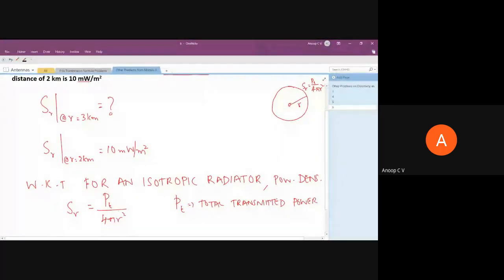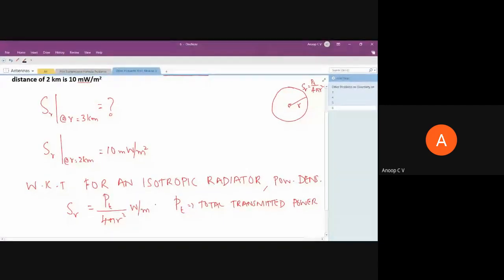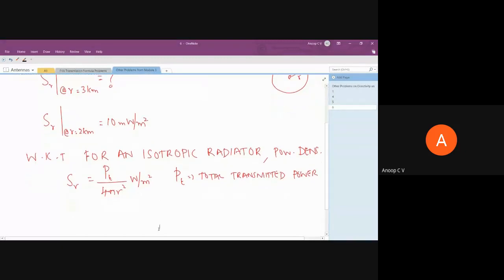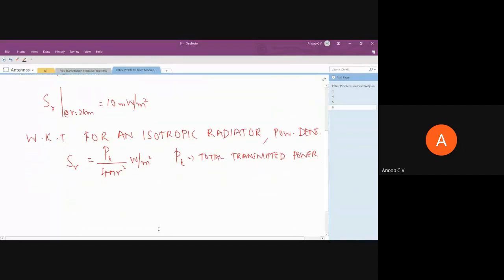What is the meaning of this? The power is spread uniformly over a sphere. It is sent in all directions.